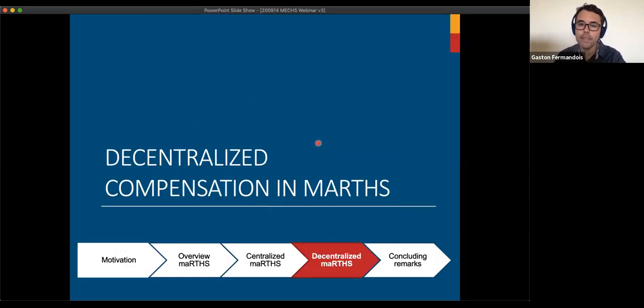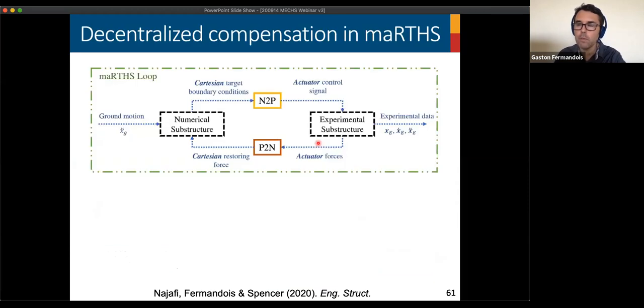Finally, decentralized compensation. We talked about centralized compensation, and the main problem of centralized compensation is that it's quite difficult and complicated to achieve. So in this paper from 2020, which was published a couple of months ago, we proposed a version of maRTHS where each of the actuators is compensated individually.